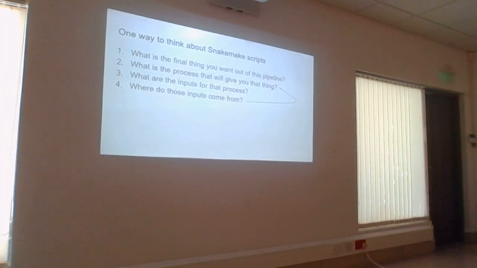You start with what's the final thing that I want, and then you say, what's the process that gives me that? What are the inputs for that process? And then you start again. Well, what are the inputs for that process? What are the processes that give me that? And then you go round and round until you have completed the whole thing.